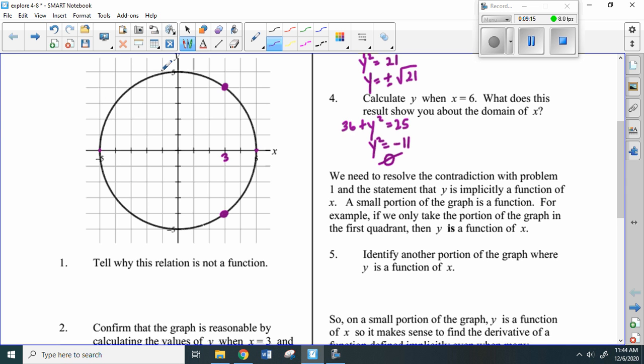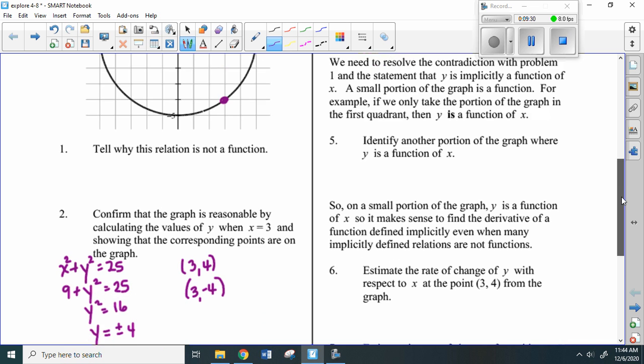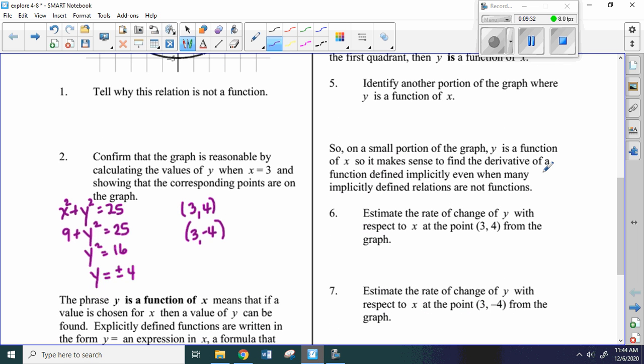You can't take the entire left, because then it still wouldn't pass the vertical line test. You can't take the entire right, it would not pass the vertical line test. So there's lots of different options to be a function here. All right, so on a small portion of the graph, y is a function of x, so it does make sense to find the derivative of a function defined implicitly, even when many implicitly defined relations are not functions, okay?